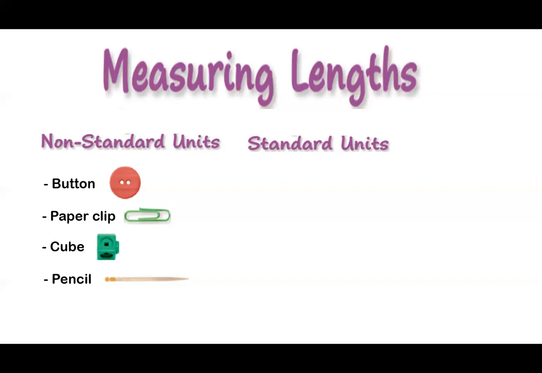But when we use standard units, we have to use specific tools for measuring. For instance, we can use a meter ruler, and we will get units in meters or centimeters.